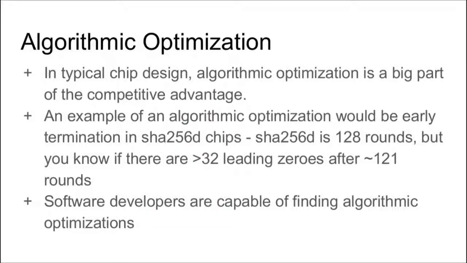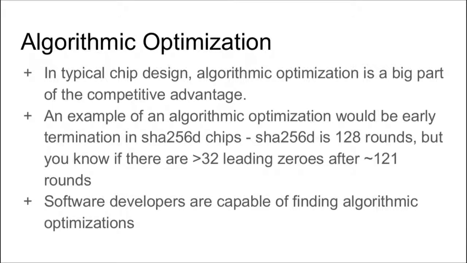So now I'm going to take you through a couple of layers of optimization that you can do in chip design. The biggest and most classical would be algorithmic optimization. This is something that anyone in software can do. A good example would be early termination in Bitcoin chips. In SHA-256D, you have 128 rounds of SHA that you have to do. You get a result.